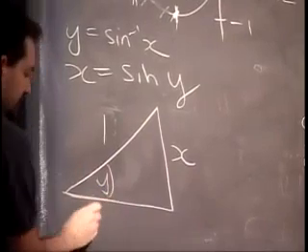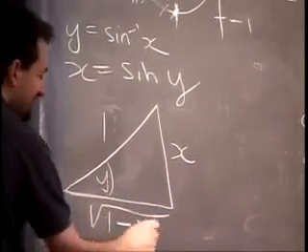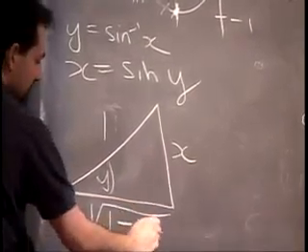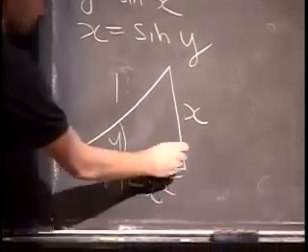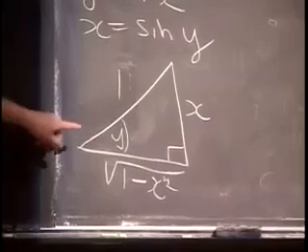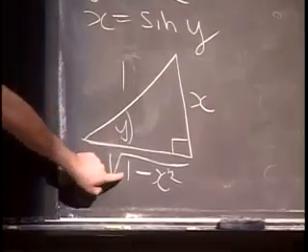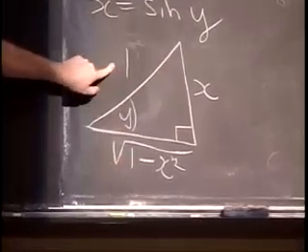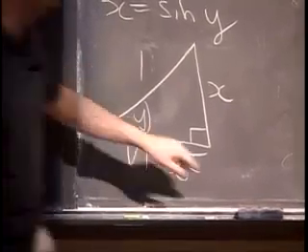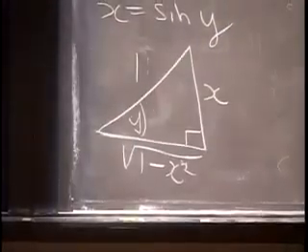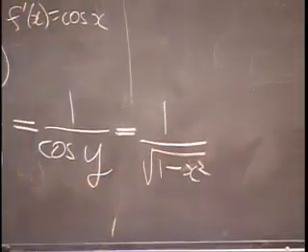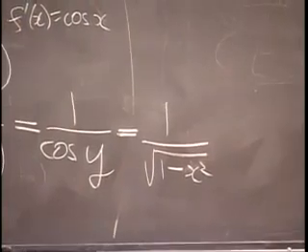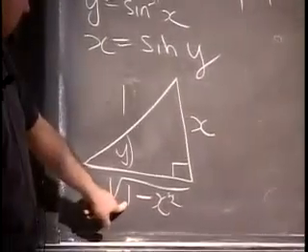And so this side is the square root of 1 minus x squared, by Pythagoras' theorem. So cosine of y is the adjacent over the hypotenuse, so cosine of y is just root 1 minus x squared.